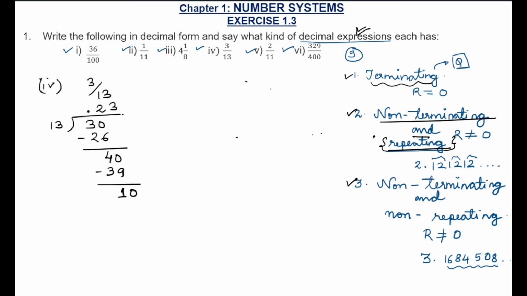Next, add a 0. Now you need to add one more 0 here because 10 was smaller than 13. Now here what comes is 0 and then 7 times 13, you get 91. You get a 9 here. Again, add a 0.